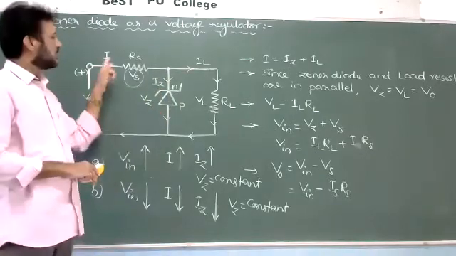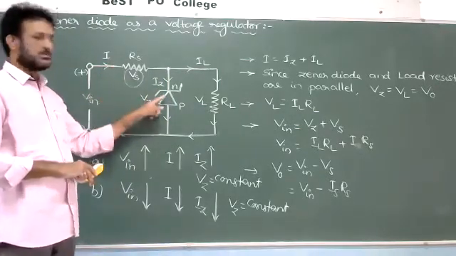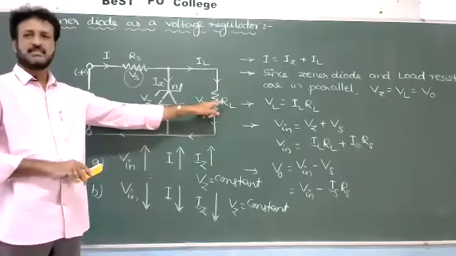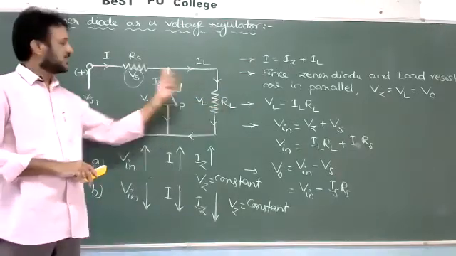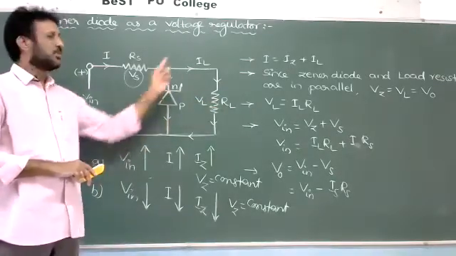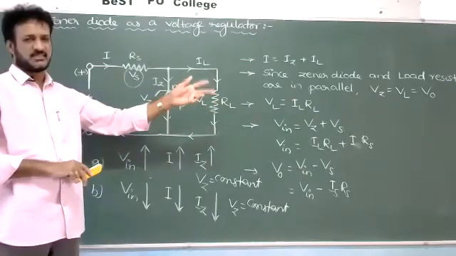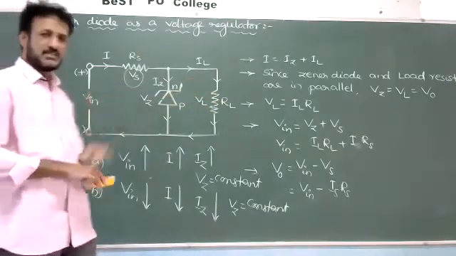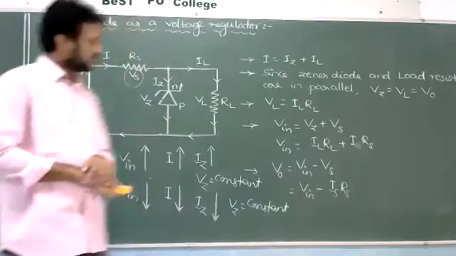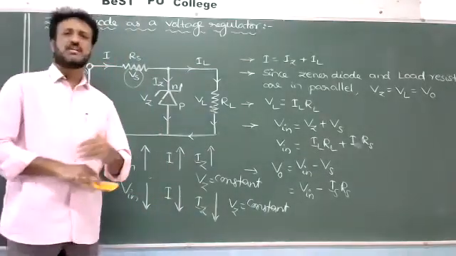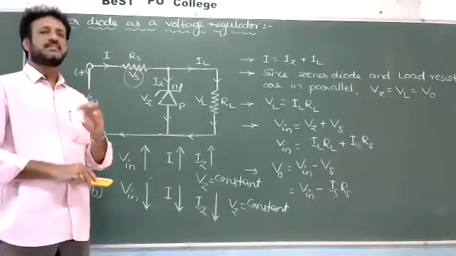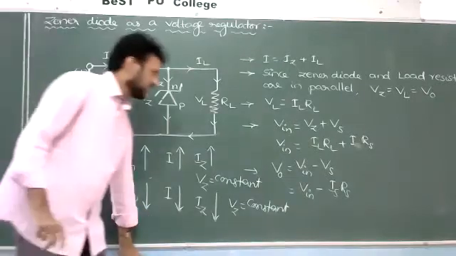Correct? Here more current is there. For example, here also more current is there. Less current passing through the load resistance. If less current in the Zener diode is there, more current passing through the load resistance. So that is about a Zener diode. A 5 marks important question: explain how a Zener diode can be used as a voltage regulator or voltage stabilizer. That's all.